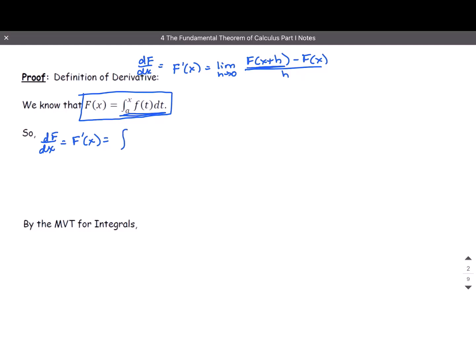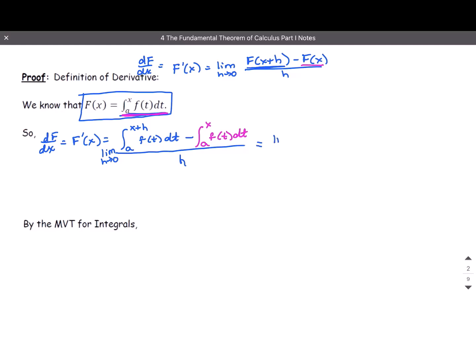That would be the integral from a to x plus h of f of t dt minus, now F of x is just this, the integral from a to x of f of t dt, and we're back to all over h, okay? And we're going to do a little bit of manipulating here. So this, I forgot my limit. Yell at me. The limit as h heads to 0.